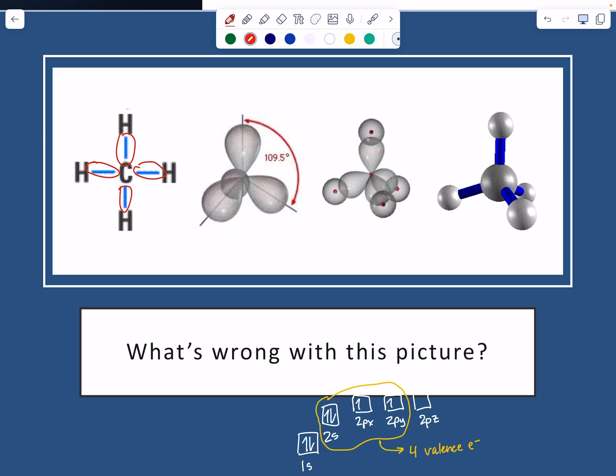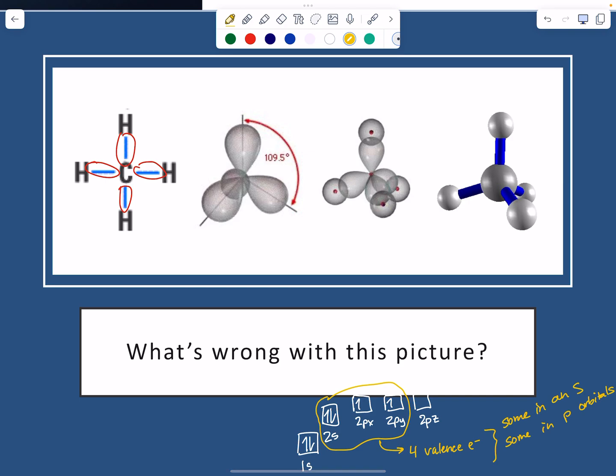So that overlap would look different if we kept the shapes that we have in the isolated atom. So we can't just say that, in this case, we've got some in an s orbital, some in p orbitals.